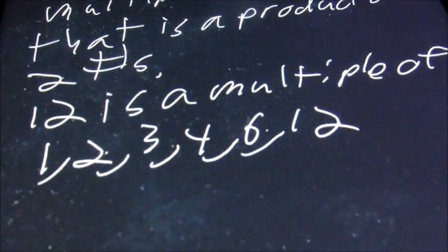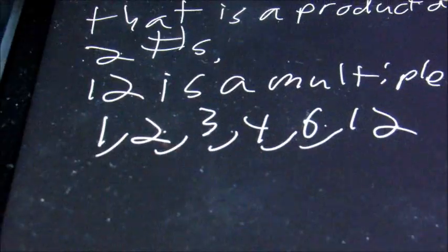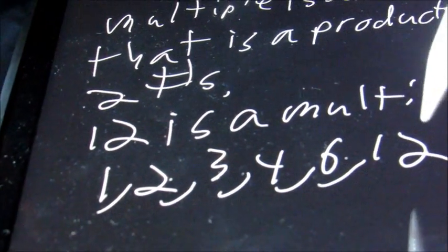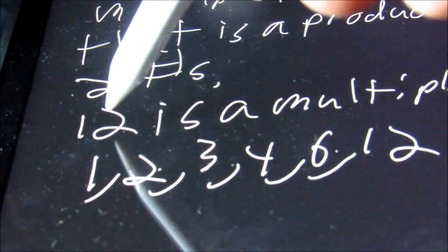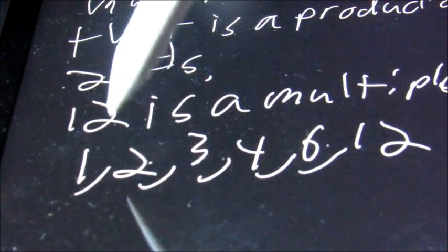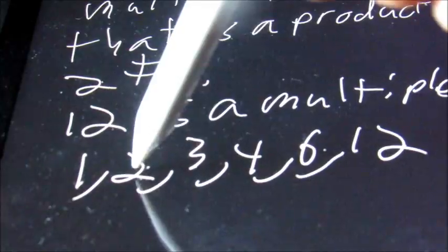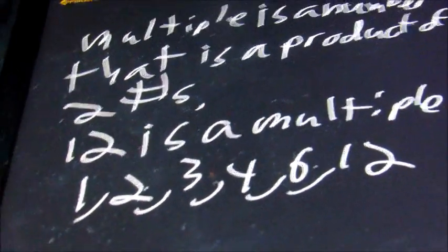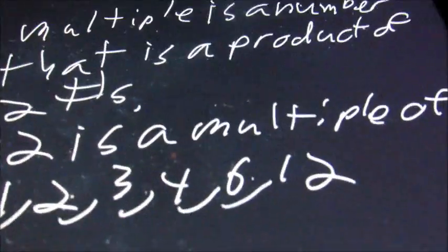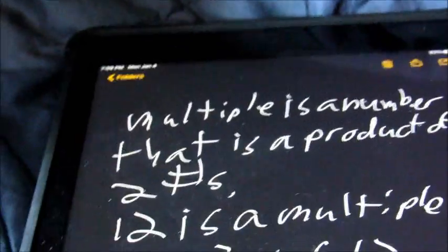So basically, on a lot of these questions, you're going to get the same numbers. All of these are the factors of 12, but 12 is a multiple of all of these numbers. So it's just basically the opposite way of saying the same thing.